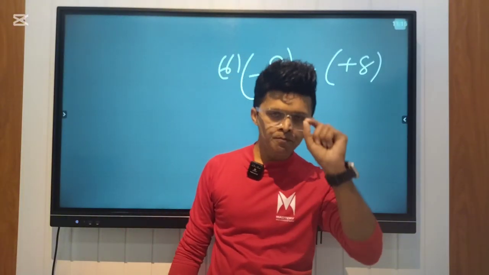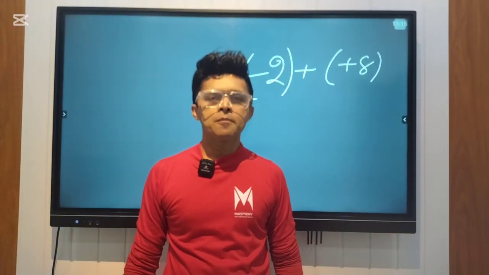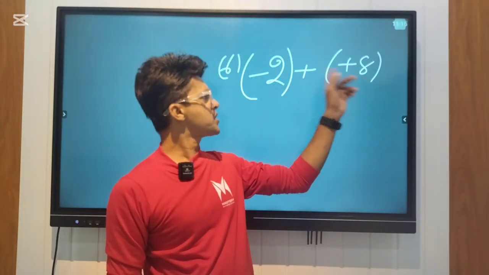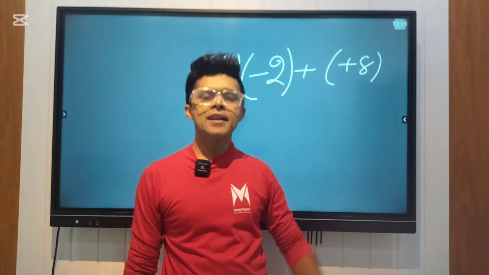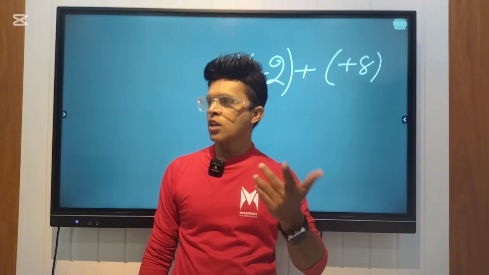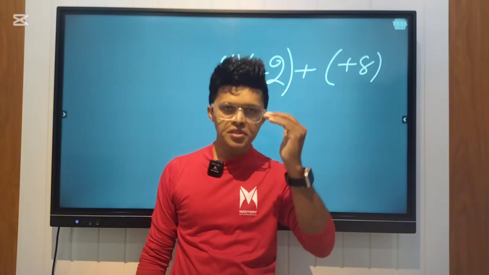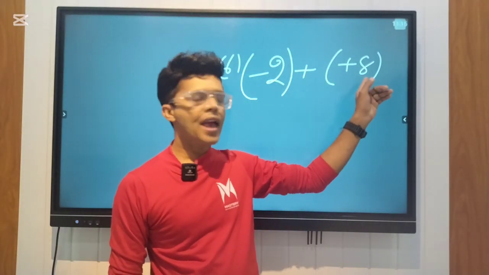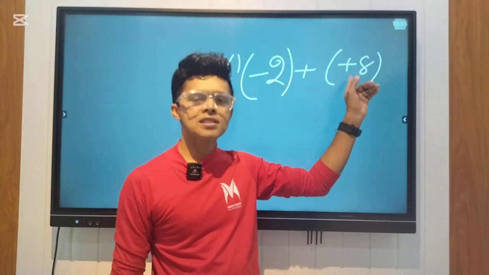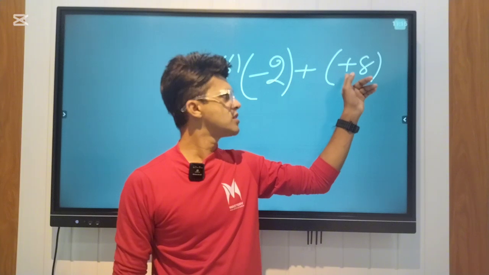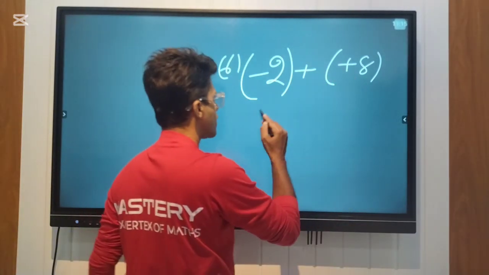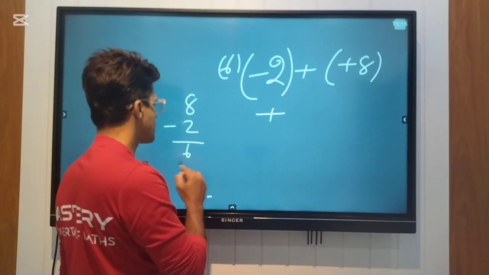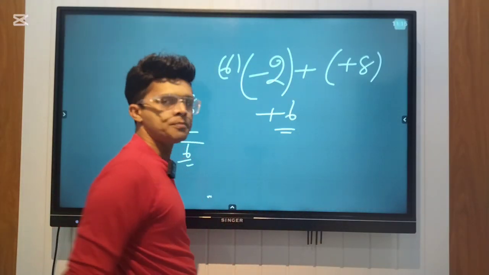When you are given a negative value and a positive value, firstly you need to find the greater digit, which is 8. After that you need to find the sign of the greater digit, which is plus. That is written here. Afterwards you need to subtract, 8 minus 2 is 6. So the answer is plus 6.